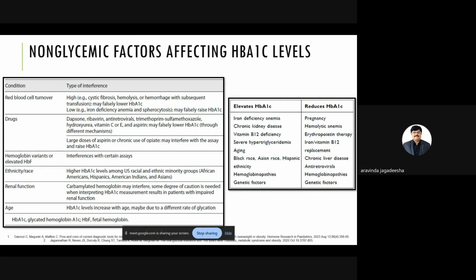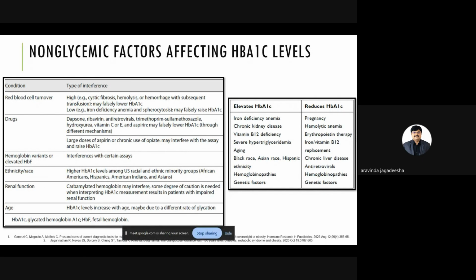Certain drugs interfere, like dapsone, ribavirin, antiretrovirals, trimethoprim and sulfamethoxazole, hydroxyurea, vitamins C and E, and aspirin, which may falsely lower HbA1c through different mechanisms. Large doses of aspirin or chronic use of opiates may interfere with the assay and raise the HbA1c level.